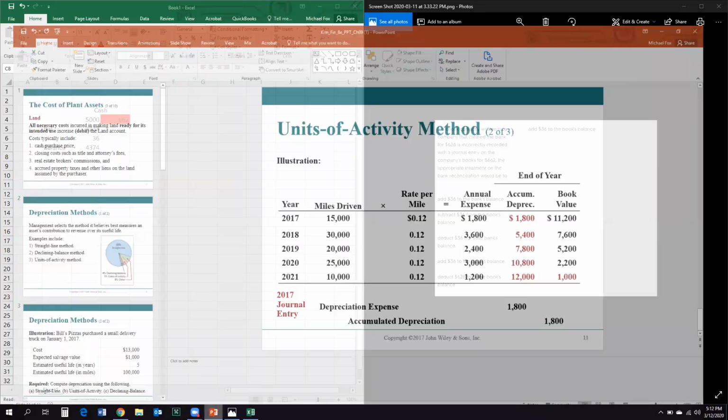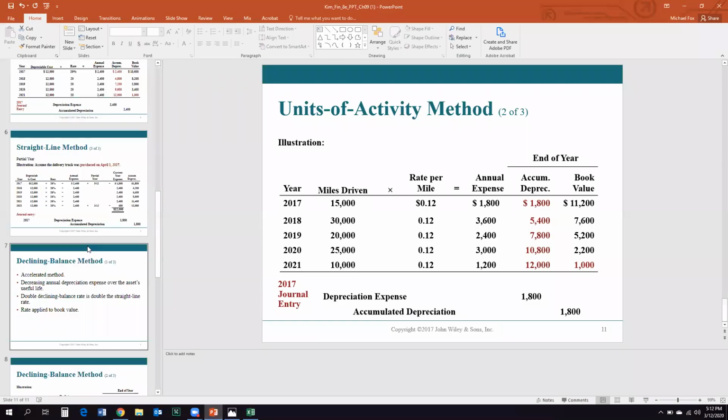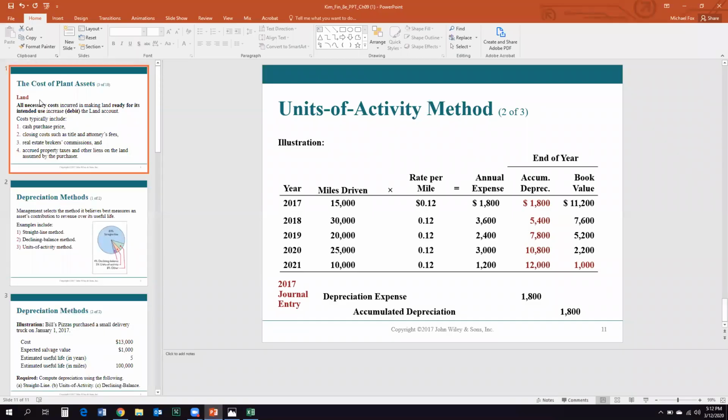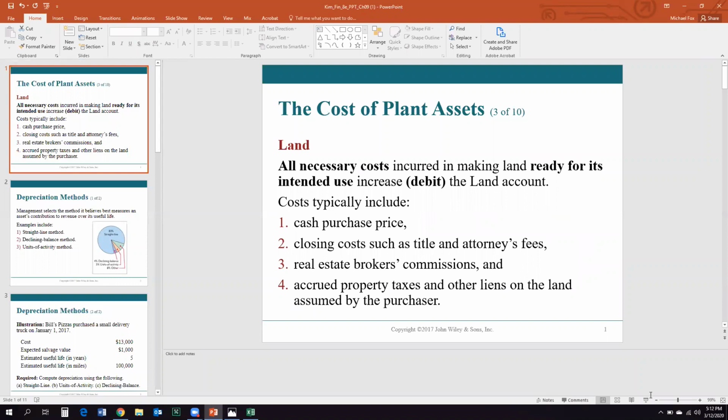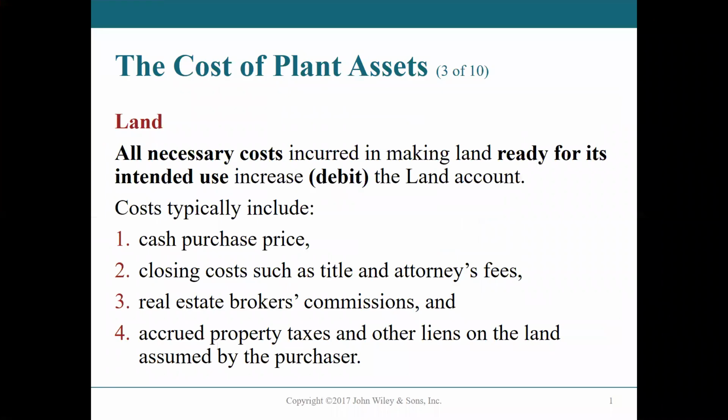Let's see. So let me go over a couple of things here, and then I can maybe try to address any questions you might have. So this chapter, they call it long-lived assets, which I guess is what we're talking about: assets that don't get used up in the short term. So that typically means assets that we are going to keep for a year or more.